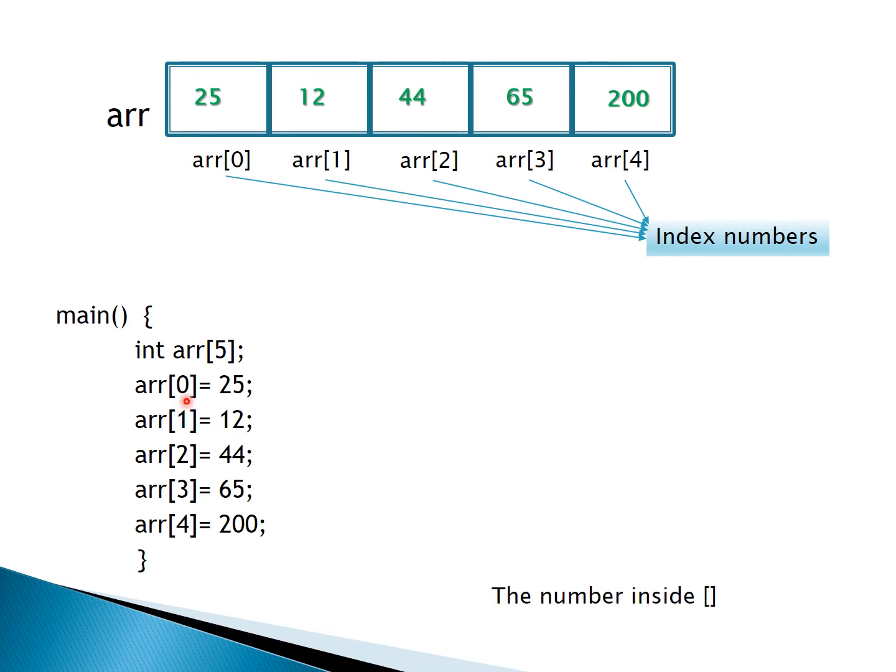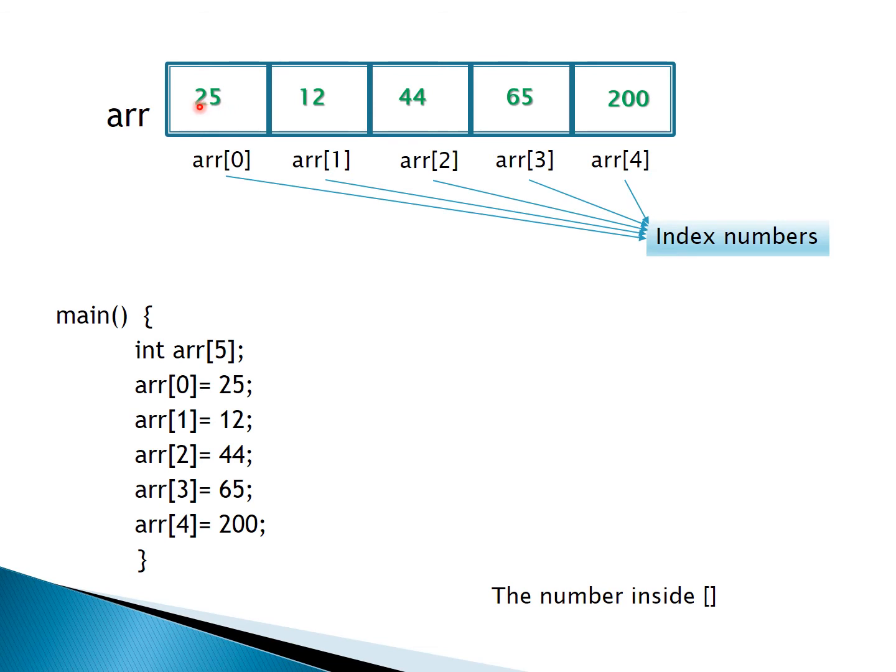Remember that the index number starts with 0 and it ends with the size of the array minus 1. So the size of the array is 5, minus 1 is 4. So this is the last element. We start with 0, 1, 2, 3, and we already discussed that they are stored next to each other. The value of the third element is 44 and the fourth element's value is 65. The last one is 200.